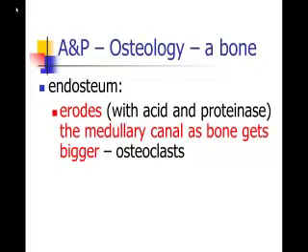So teeth are subject to damage by acid because hydroxyapatite, which is found in the teeth, dissolves in acid. Same thing with bones. And so the advantage here is that the bone can get larger and the bone will still be more hollow and lighter. The bone cells that do that erosion are called osteoclasts.